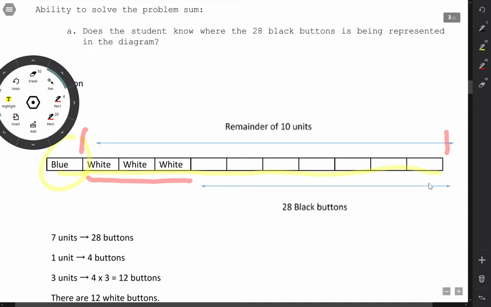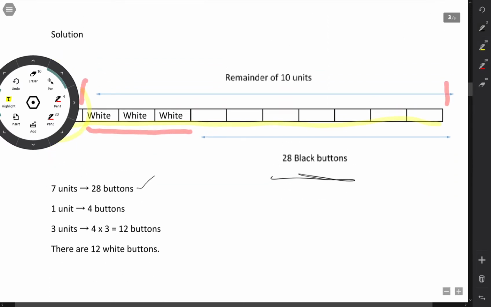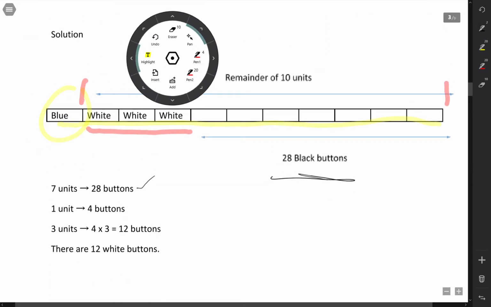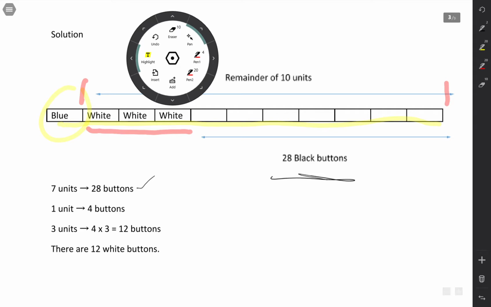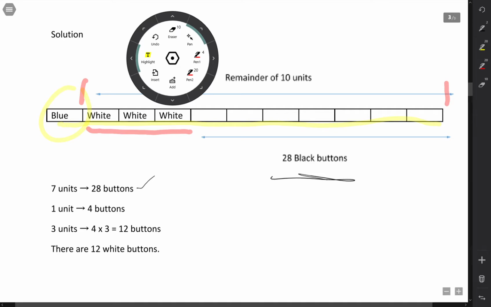If you know that this is black and there are altogether 28 of them, that means you can do the working as follows. 7 units would be equal to 28. 1 unit will be equal to 4. We want to find the 3 units because the question is asking how many white there are. So we multiply by 3, and therefore there are 12 white buttons.